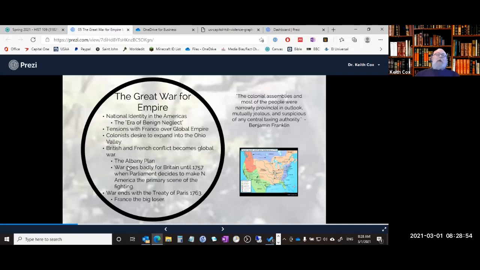But it actually was something that the colonies were reluctant to fulfill. And eventually the Parliament will reject the plan. But the main thing that comes out of this Albany plan is the idea that the colonies are so disunited that they can't really come together to defend themselves against the French, all right?